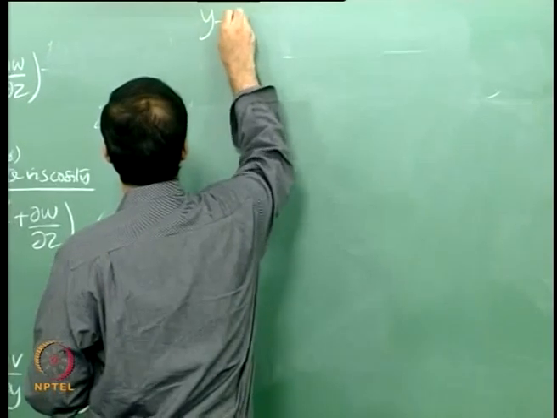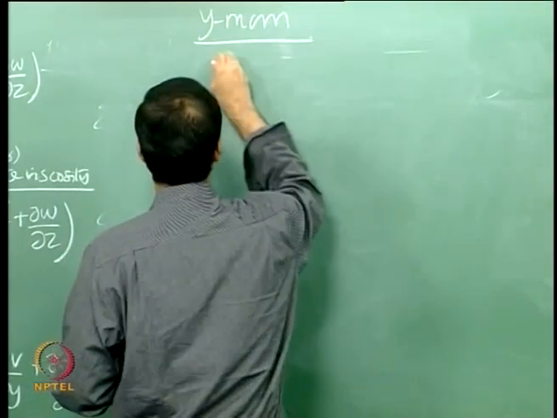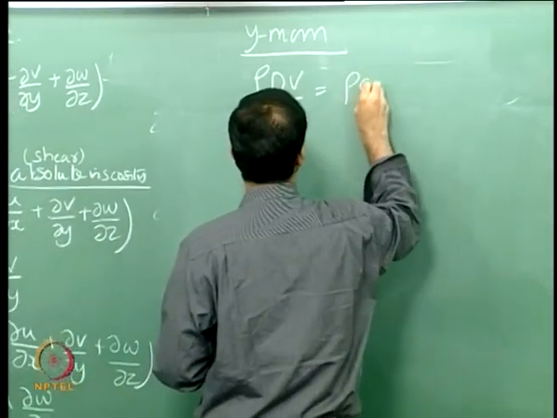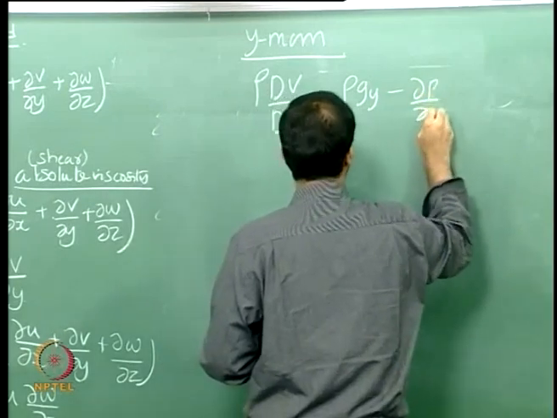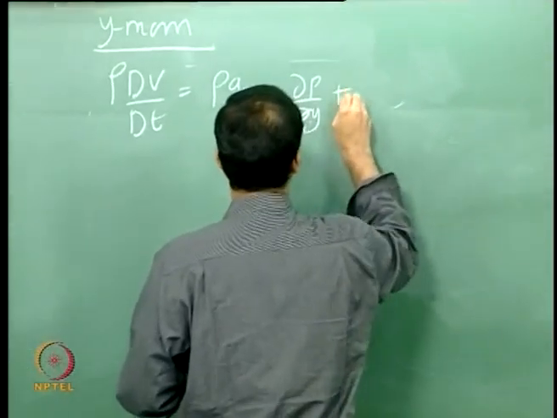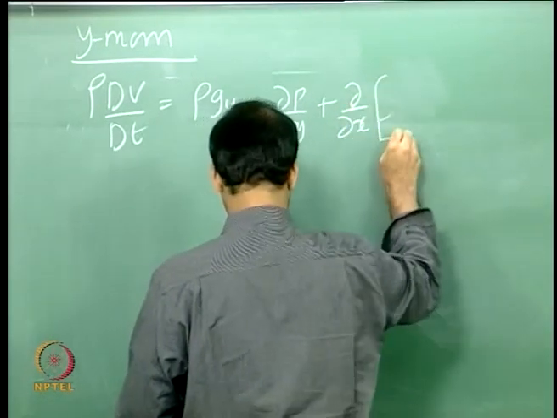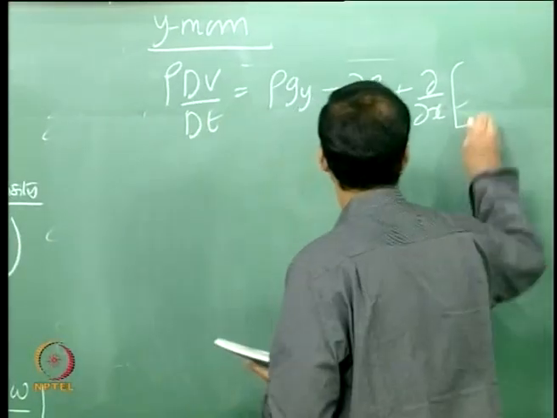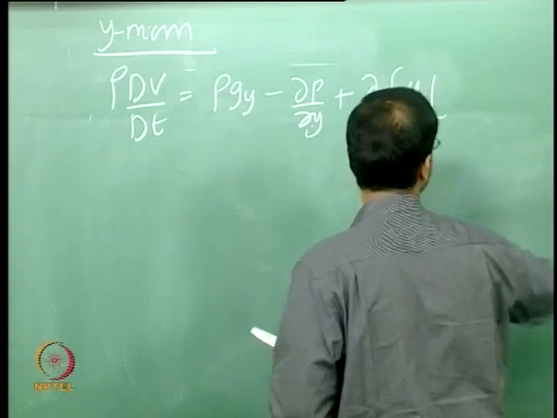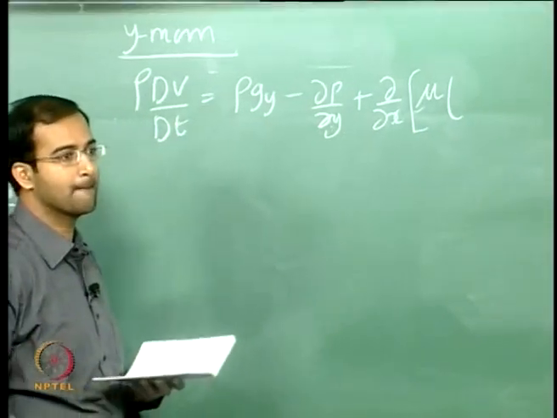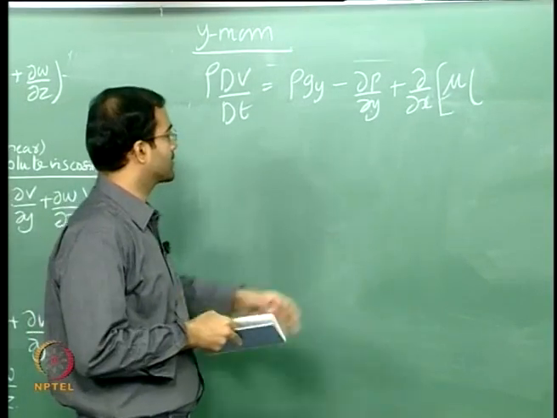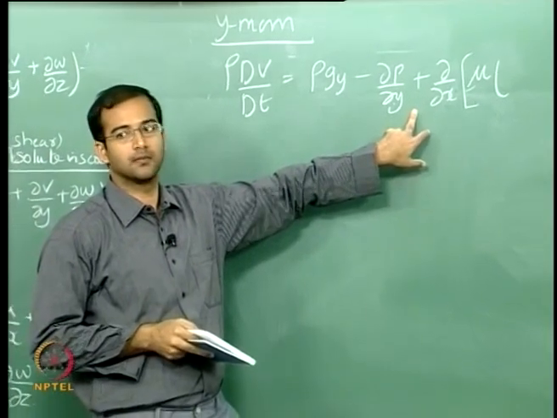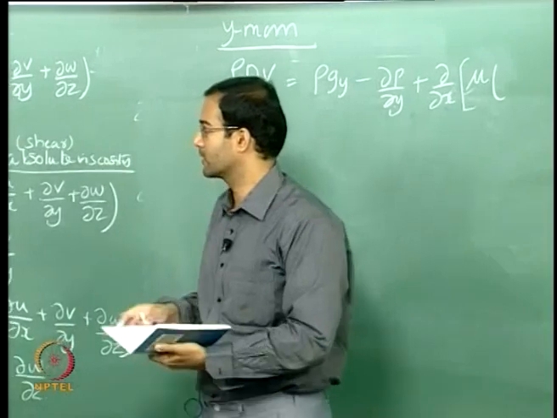So we will write the y momentum equation similarly. You have rho dv by dt, so that should be rho g_y minus dp by dy, plus d by dx of, can you tell me the term that should come? Nu into... is there a 2 here for the y momentum? What is the term corresponding to d by dx in the y momentum? Tau yx, right? So tau yx and tau xy are the same.